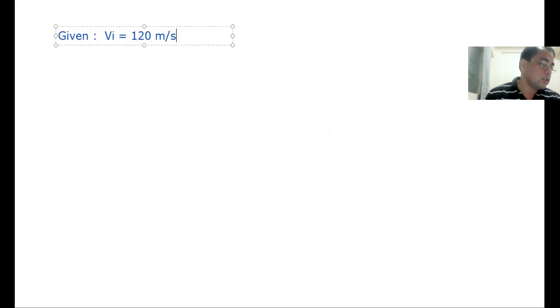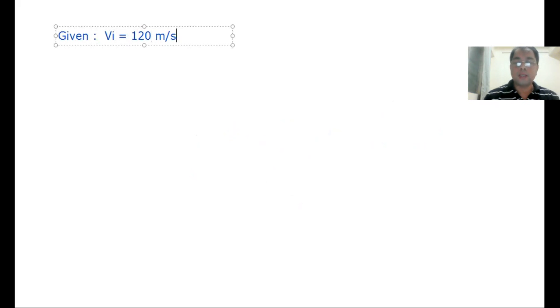So we start out with our given. We have an initial velocity this time, because the bullet is fired up. So this one will have an initial velocity. The bullet will never go up unless we apply an initial velocity there.